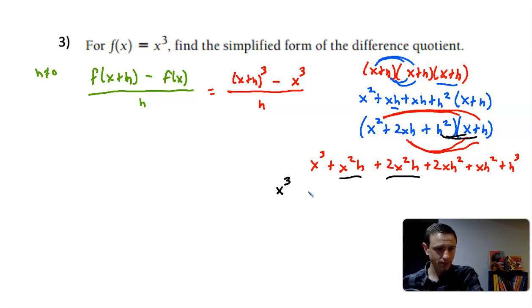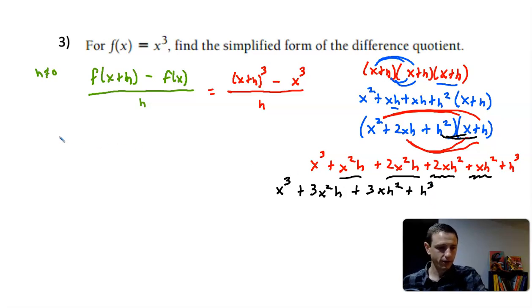I don't see any more x squared h, so this is going to be 3x squared h. And then I do have 2xh squared and xh squared, x to the first, h squared. So that's going to be 3xh squared, plus, and then we have that lonely h to the third.